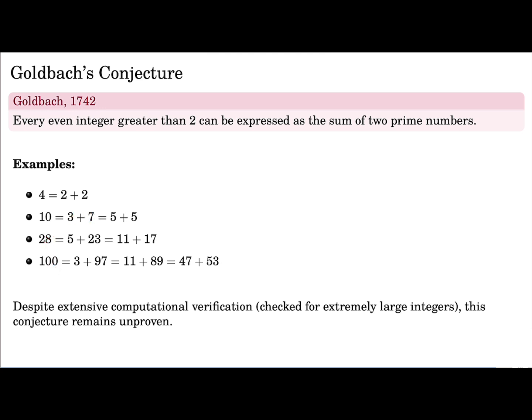This has been checked computationally for extremely large numbers, but no one has a full proof. In principle, maybe there exists some very large even integer that cannot be written as a sum of two prime numbers. We don't know, but we haven't found one.